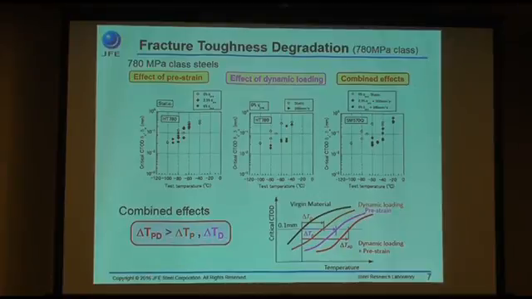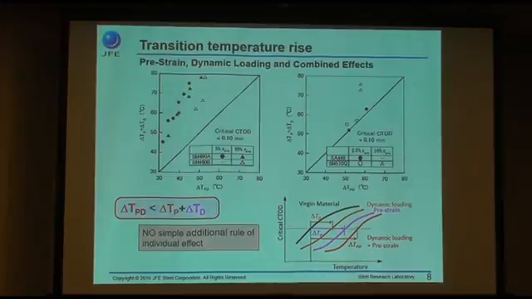From the overview of the experimental results, the transition temperature rise of the combined effect is larger than the temperature rise of the individual effects of prestrain and dynamic loading.